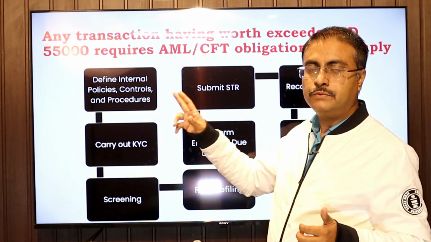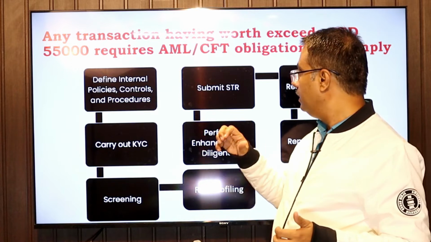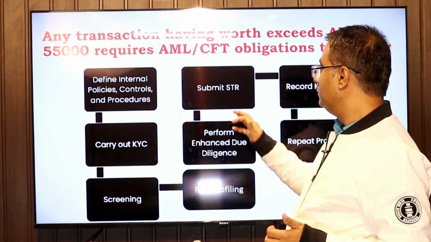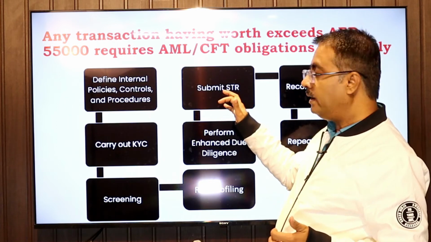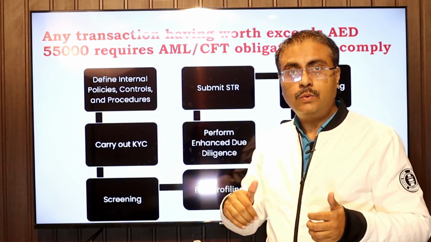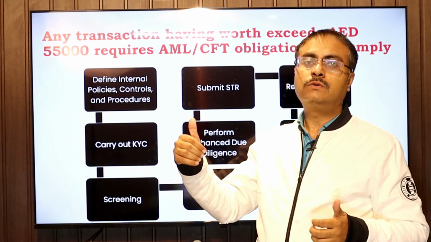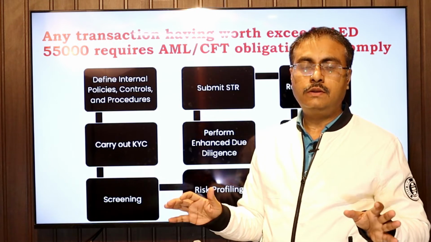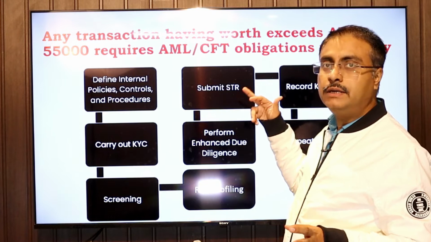If you find the customer's name is matching in the list, you have to file a suspicious transaction report. If you are going to deal with a potential customer and have not done any transaction, you have to file a suspicious activity report.